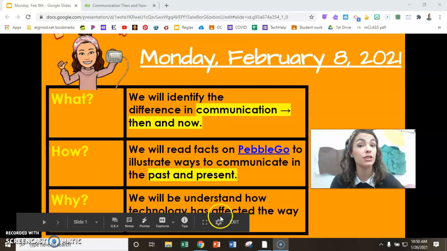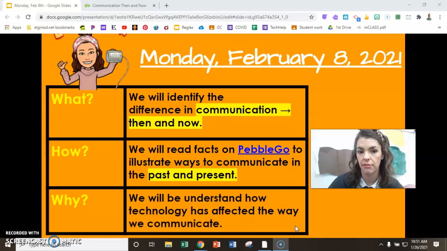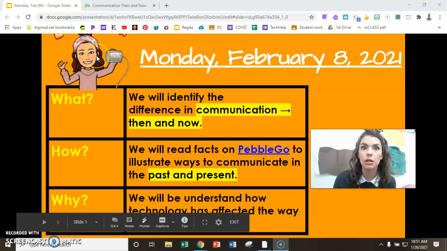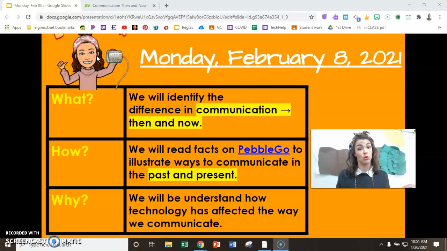We will be able to understand how technology has affected the way we live and communicate. Long time ago, look at my Bitmoji, using a can and a string. We don't communicate that way anymore. We have changed. Technology has changed. We're going to study today what has changed and how our lives have changed.